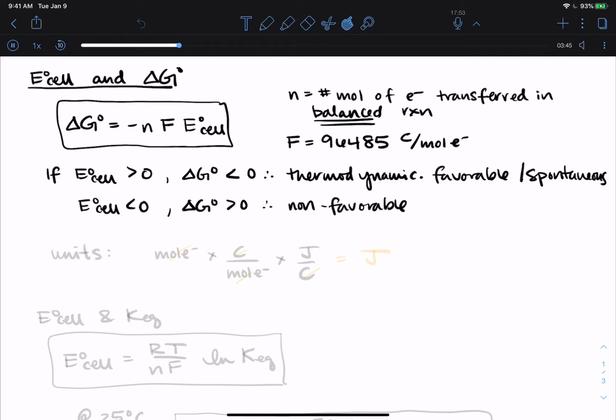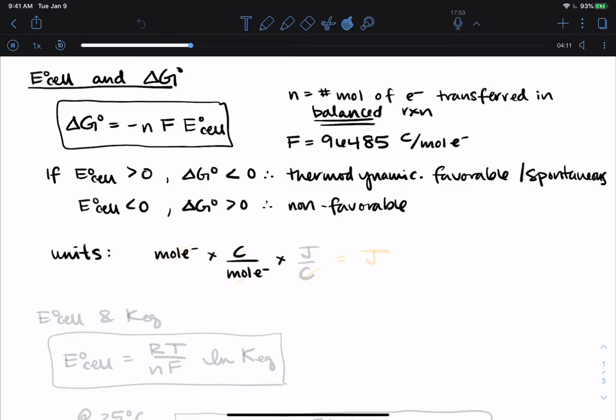So this seems maybe like weird units, but let's actually do a little bit of unit analysis here, right? We have moles of electrons times Faraday's constant, which is coulombs per mole of electrons, times the standard cell potential, which is volts.